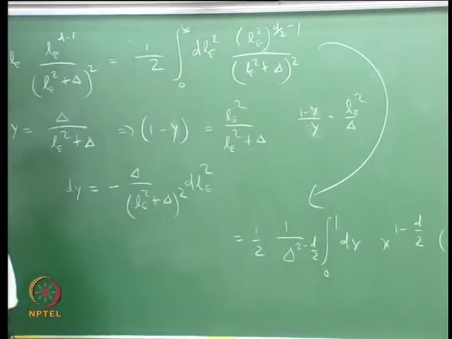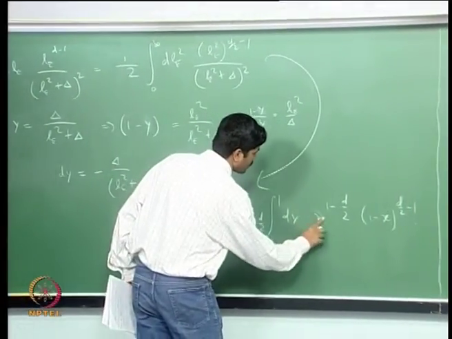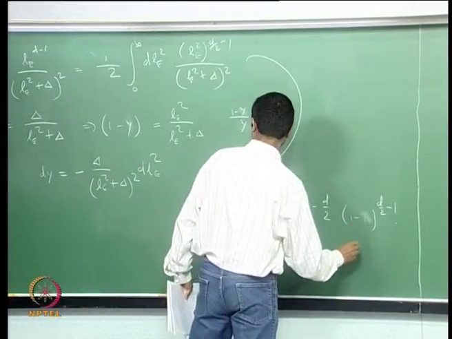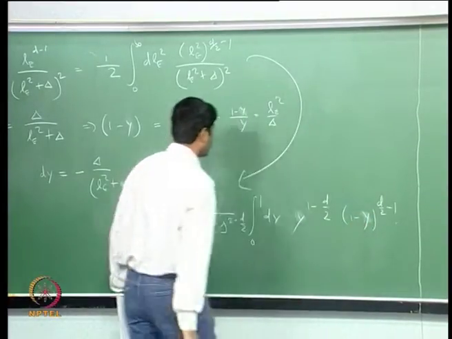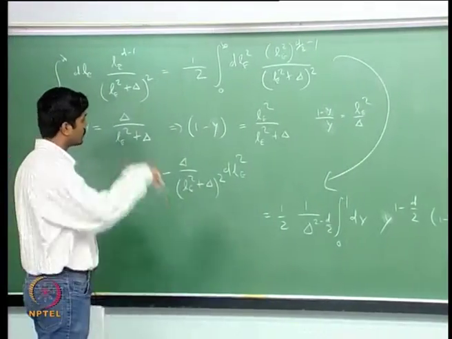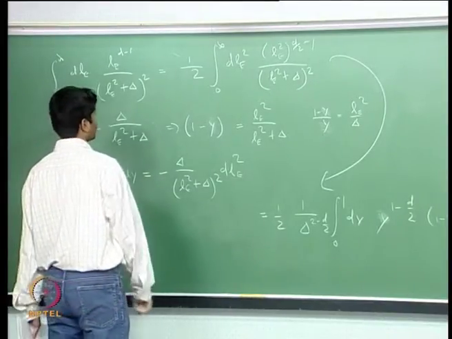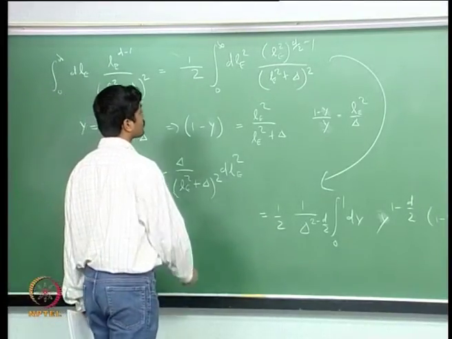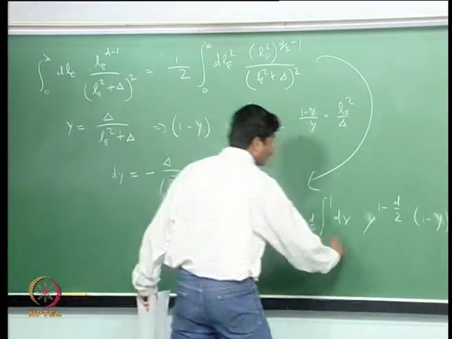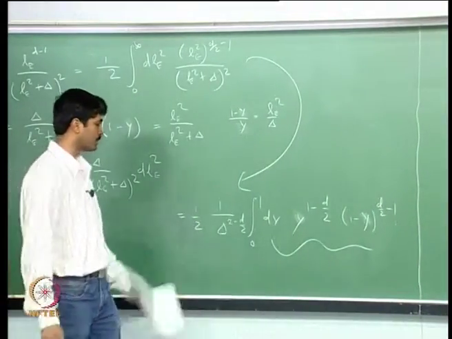Okay. So, I will use the variable y here, this is y. This is straightforward, you can just see by substitution that this is what you get, and what you have here is nothing but the beta function.